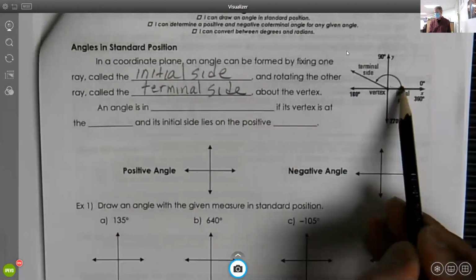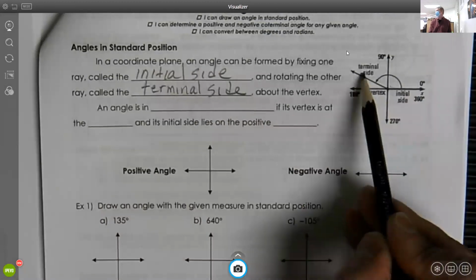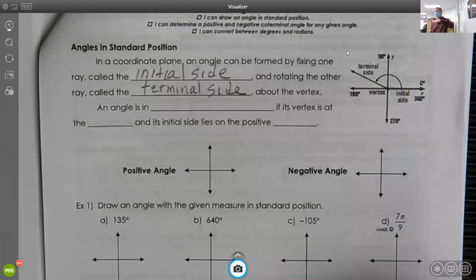And then we're going to rotate around this terminal side, and that's going to make angles less than 90, greater than 90, greater than 180, even greater than 360.